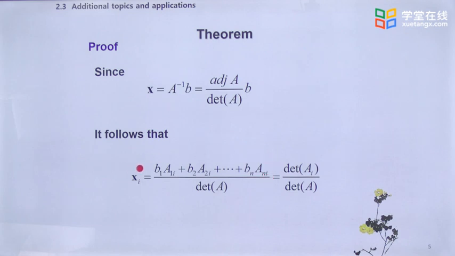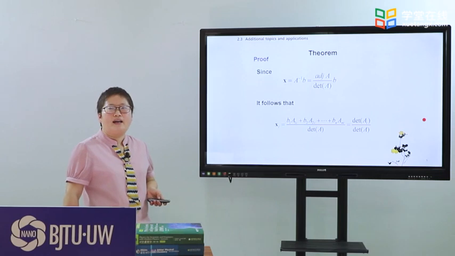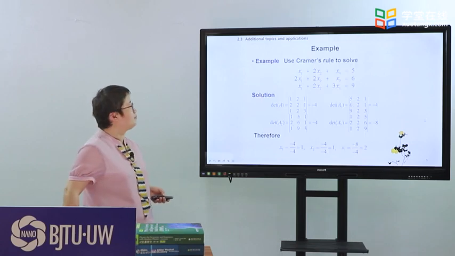So this is just the cofactor expansion along the ith column of A_i. So x_i just equals the determinant of A_i divided by the determinant of A. This is a convenient way to express the solution of the linear system by determinants.